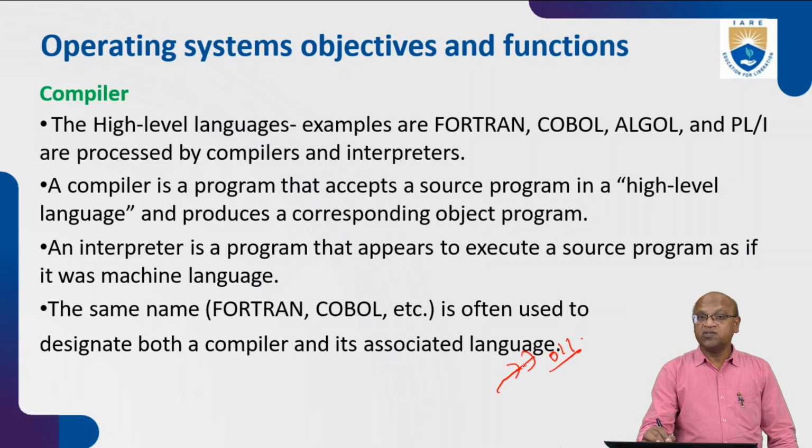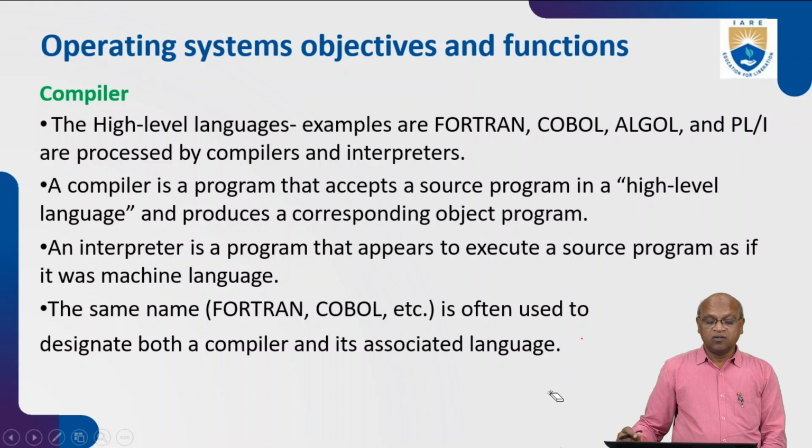Ultimately, your OS will monitor what is going on in the system. So the same name, Python, COBOL, is often used to designate both the compiler and its associated language. If you want to execute Java programs, you must have a Java compiler.